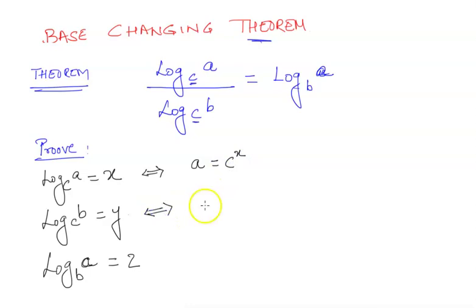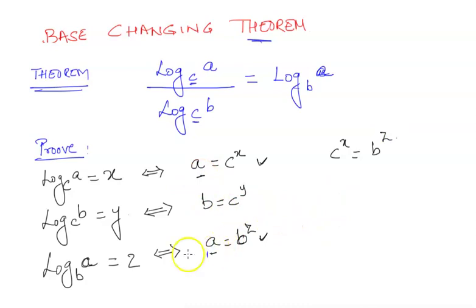This implies b is equal to c to the power of y, and this implies a is equal to b to the power of z. So with this equation and this equation, what we get is c to the power of x is equal to b to the power of z, right? Because both of them are equal to a.